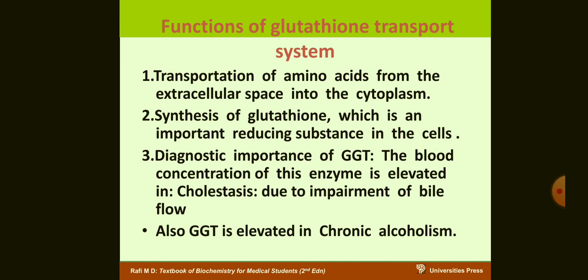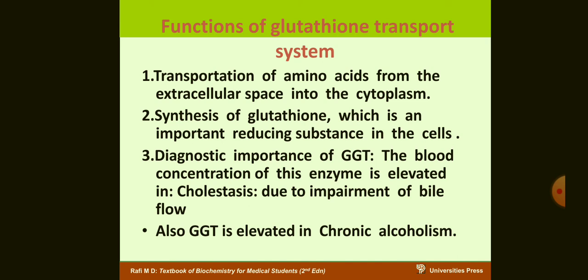The other functions attributed to this glutathione transport system are: one is transportation of amino acid from the extracellular space into the cytoplasm. Second is synthesis of glutathione, which is an important reducing substance in the cells. And apart from this, the significance of this gamma glutamyl transport system is diagnostic importance.